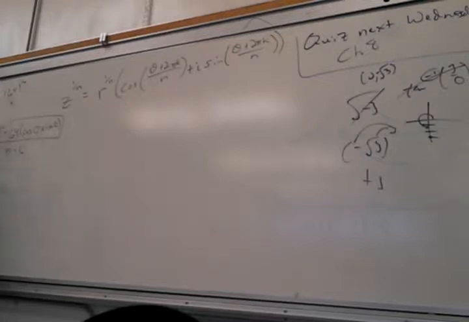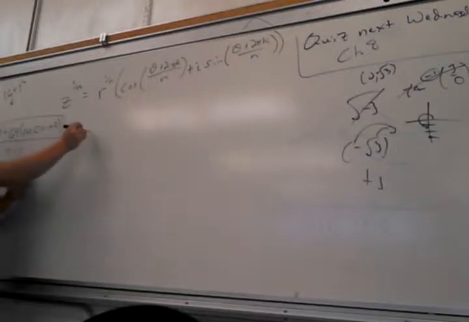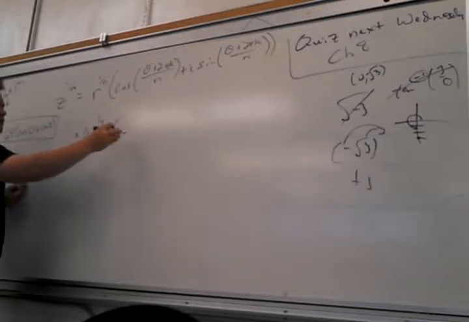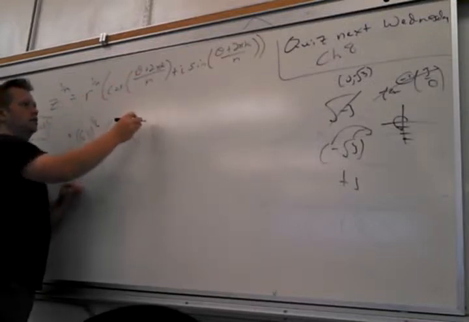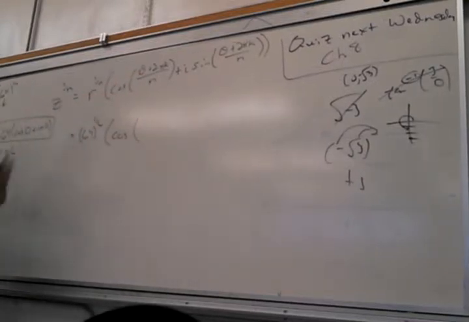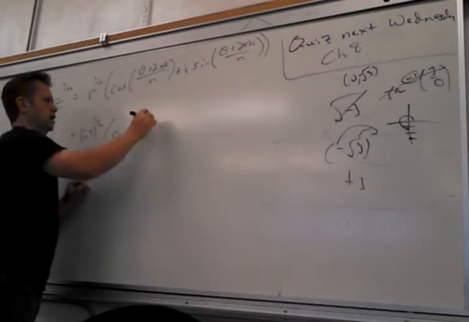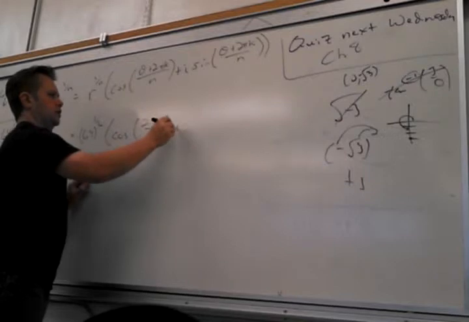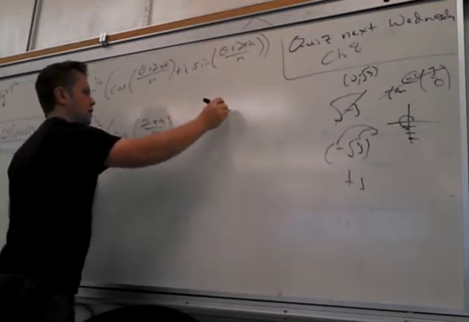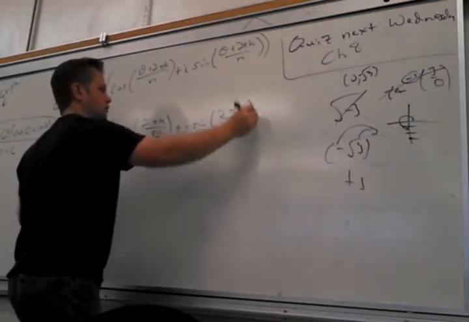So now I just start plugging and checking. So I get r is 64 to the 1/6. We know what that is. Cosine of... Good. 0. So I get 2 pi k over n, which is 6, plus I sine 2 pi k over 6.